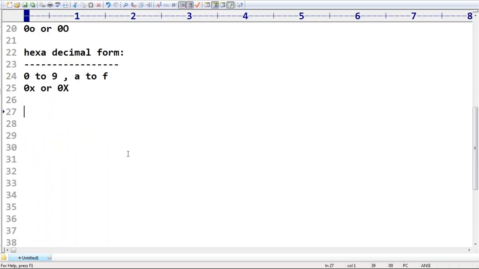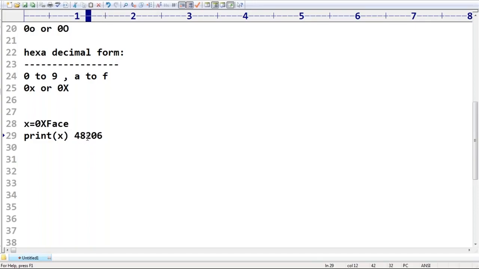I covered that in the last session too. Suppose I take x is equal to 0xFACE, and then print x. What answer do you get by default? Something like 64,206.